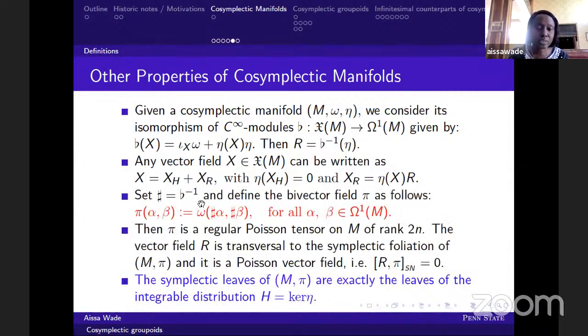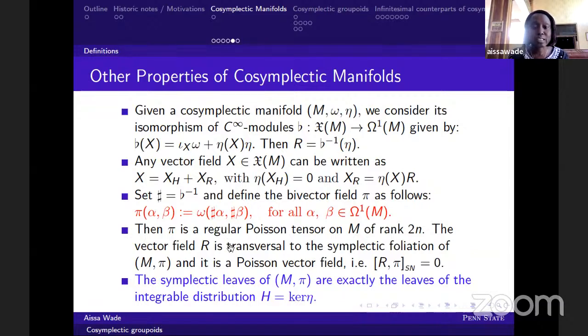Now with this notation, I call sharp the inverse of the flat map. Then we have a bivector field, and this bivector field has constant rank 2n if my cosymplectic manifold is a 2n plus 1 dimensional manifold.